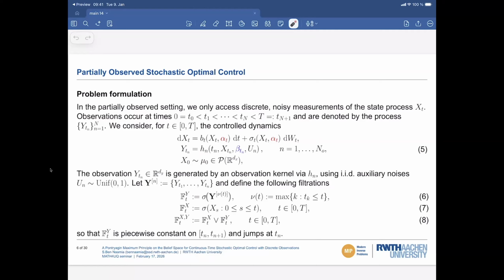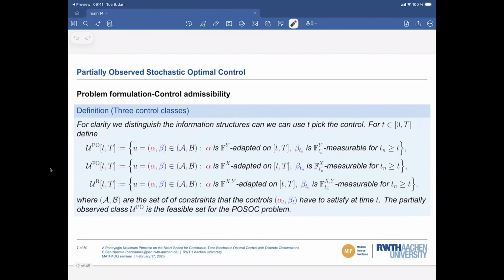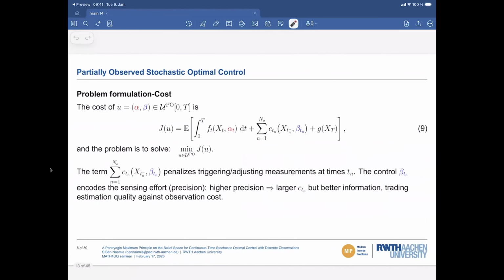If you observe a more distorted picture, you probably pay a less expensive cost. So this is the trade-off. I want to observe perfectly, I pay a lot. I want to observe with some noise, I pay less. And then you get to choose this trade-off. So this encodes the sensing effort or the precision.